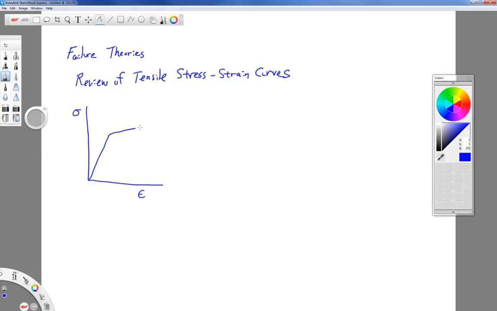Then after it yields, it can kind of curve for a long time. It gets to some ultimate stress over here, and then it finally breaks at this point. So this would be the fracture strain. All right, so we go through and we do this and we estimate what the yield stress is. It would be right around here. And this would be for a ductile material.